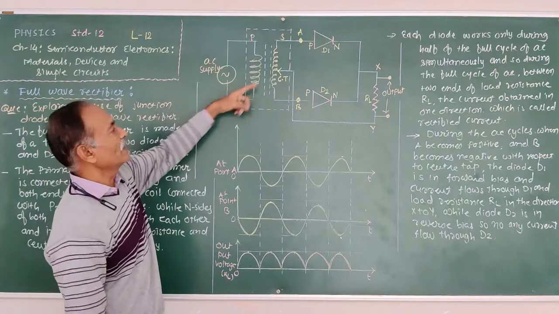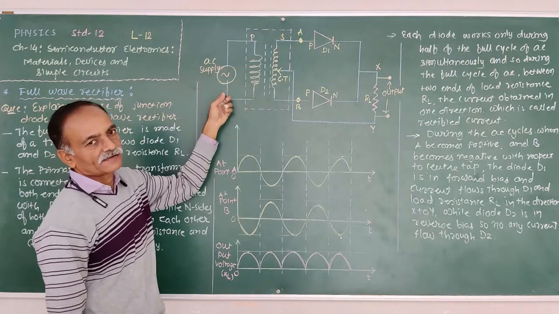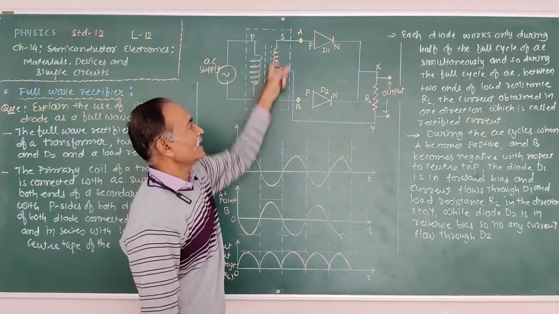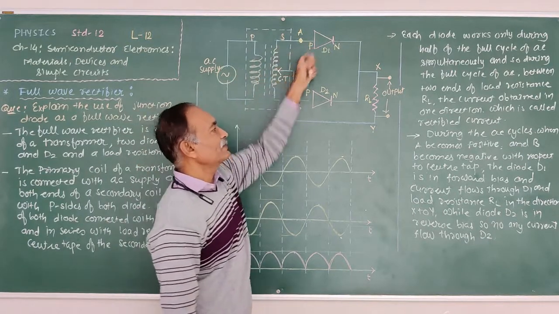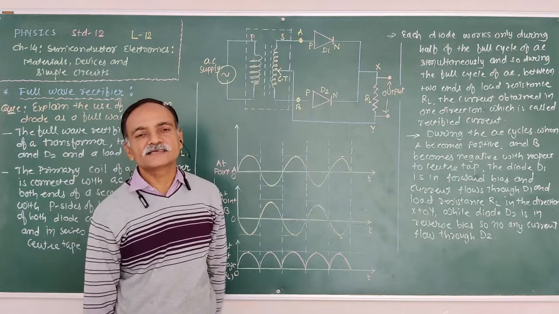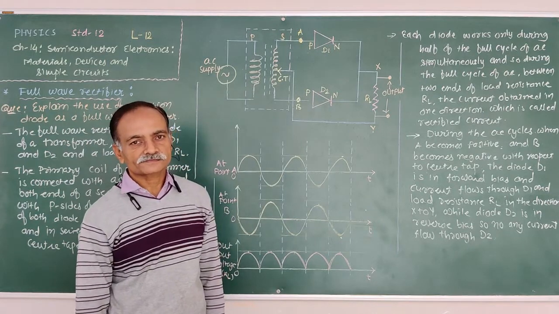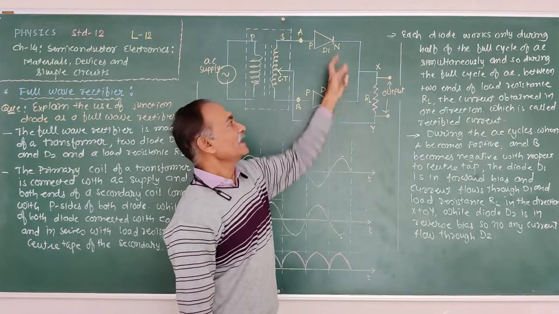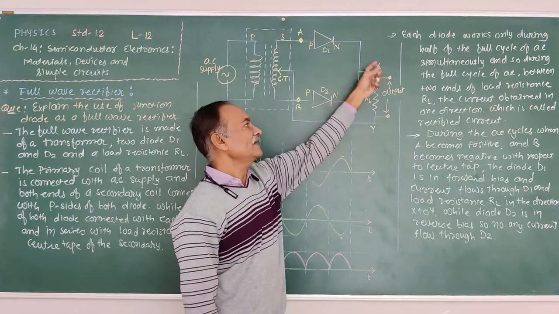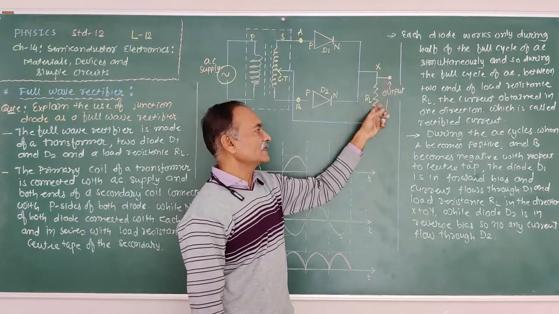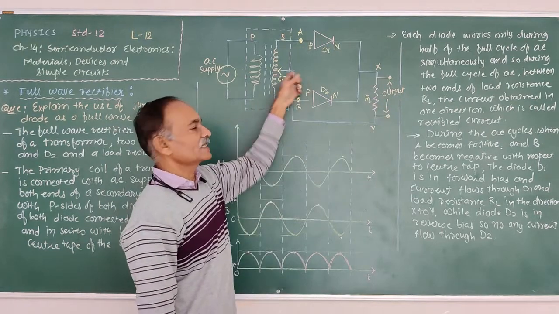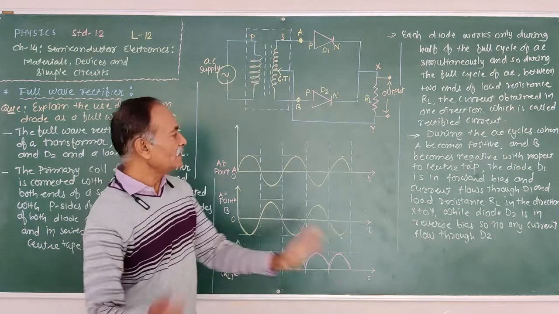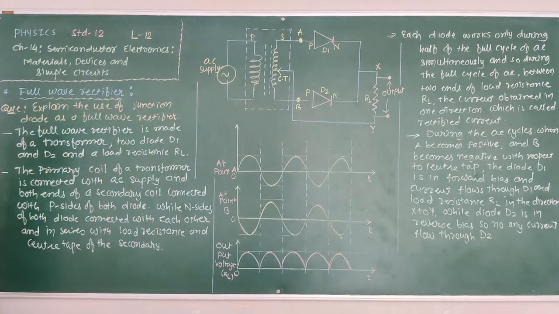Both ends of the secondary coil are connected with the P sides of the two PN junction diodes, while the N sides of both diodes are connected with each other, and then connected in series with the load resistance and the center tap of the secondary coil. That is our circuit diagram.